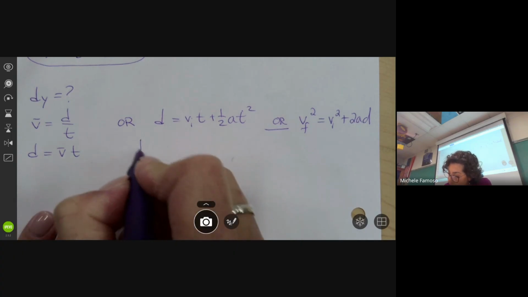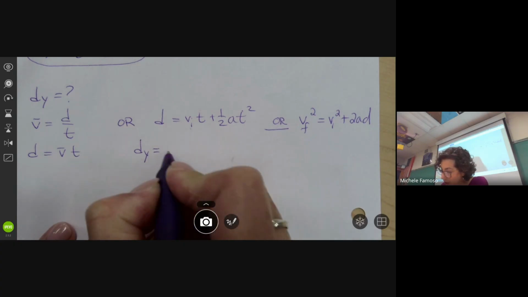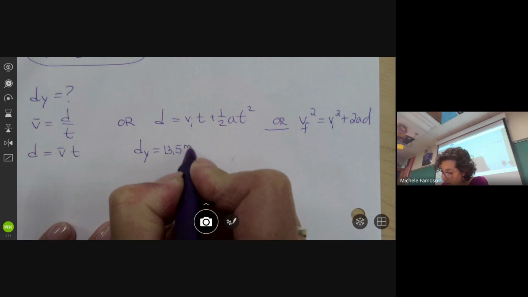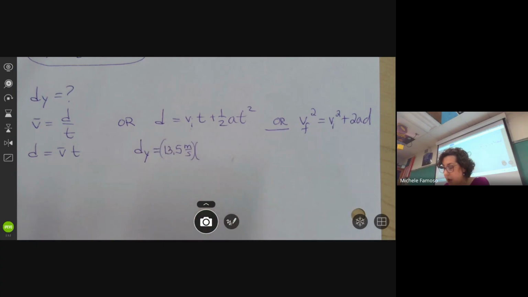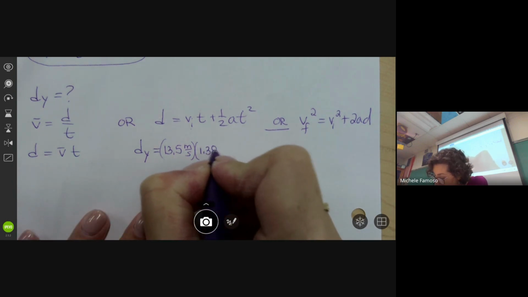So to get the maximum height, I'm going to take the initial speed in the vertical direction, which is 13.5 meters per second, and multiply it by the time going up. Height is at the half time, the time up, so that would be 1.38 seconds.